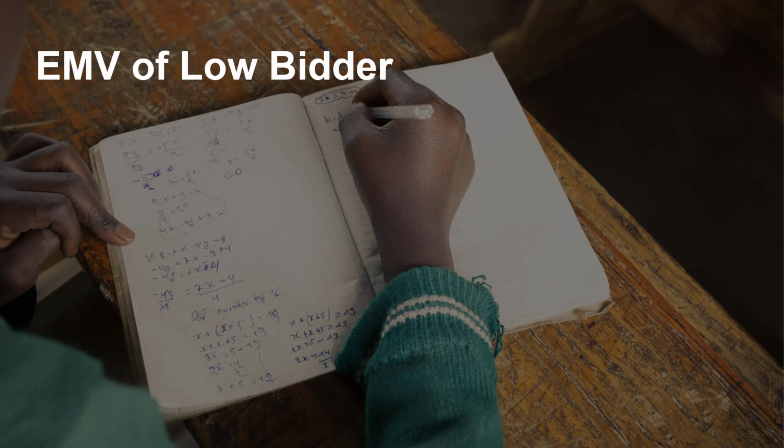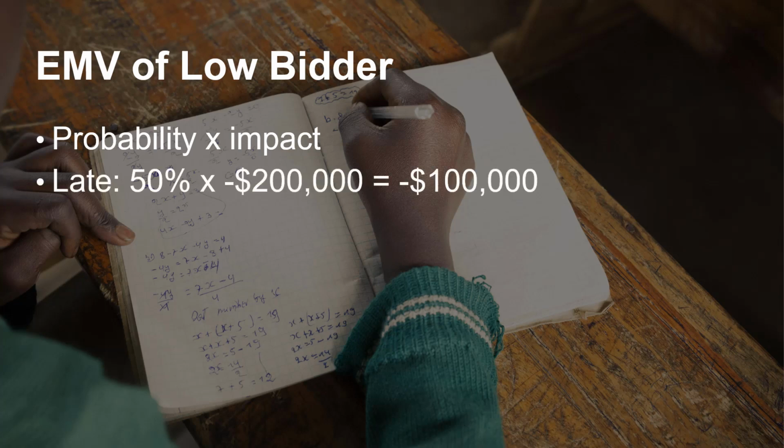We do this for both being late and being on time. We remember that EMV is calculated by multiplying probability by the impact. Since there is a 50% chance that the low bidder would finish late, we multiply 50% by the impact value of being late, which is minus 200,000, by 50%, which gives us a total of minus 100,000.